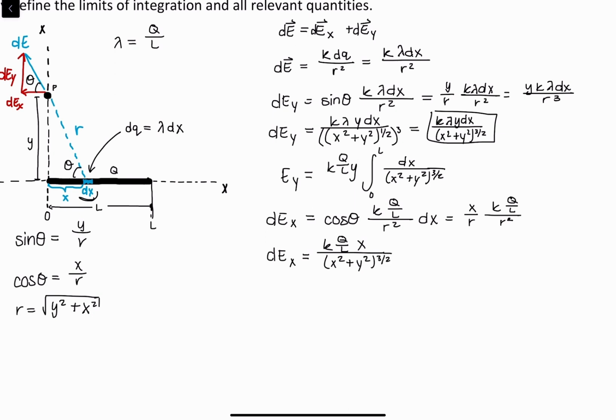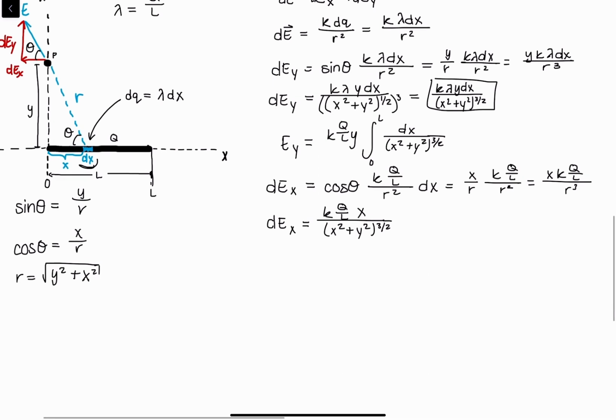R cubed will stay the same. I simplified everything for time's sake, but R cubed will be the same for both of these equations. The only thing different is that here we have an x and here we have a y. So in the dEy we have a y, but in this case we have to integrate that x, because it is what we're integrating along the axis.